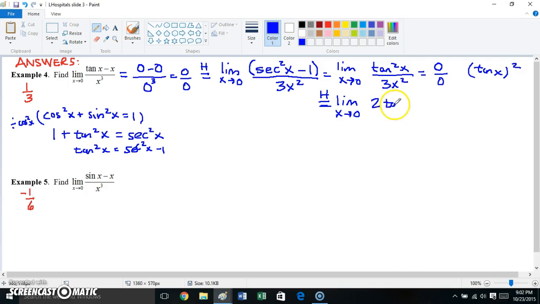So that's going to be 2 tangent of x to the first power times the secant squared of x. The derivative of 3x squared is 6x. Okay, already I can see this is 0 over 0 again, because we're going to have the tangent of 0 and 6 times 0. So we've got to go one more time maybe.